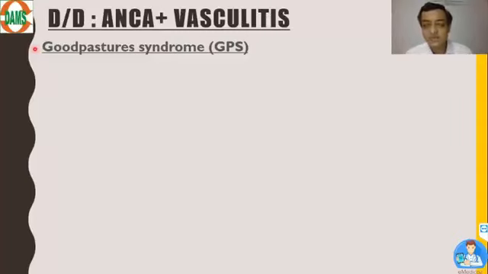How? We will see. Okay, so write little faster. Come on, point to point. Last small topics, point to point. So ANCA positive vasculitis can mimic Goodpasture syndrome.